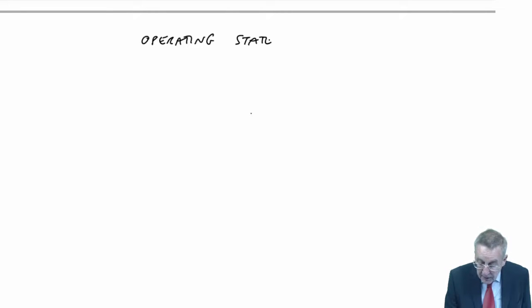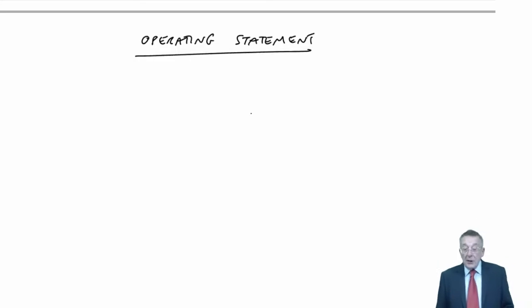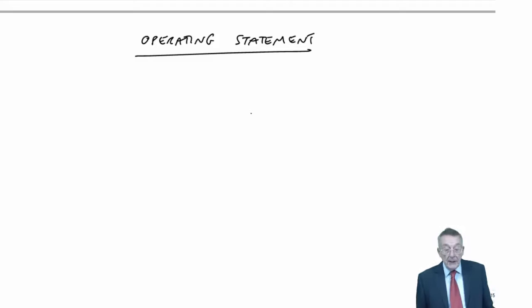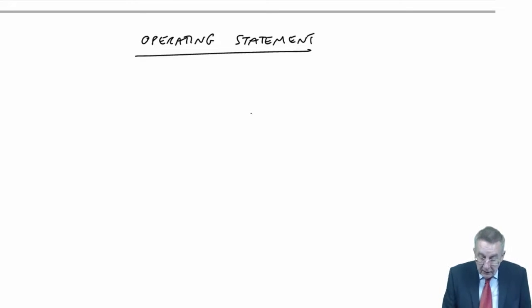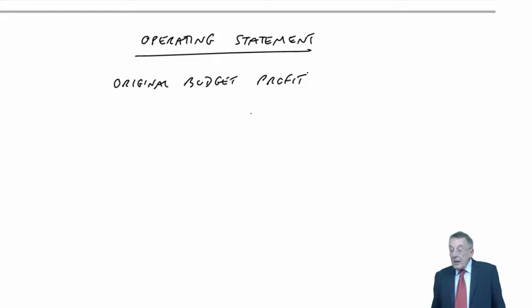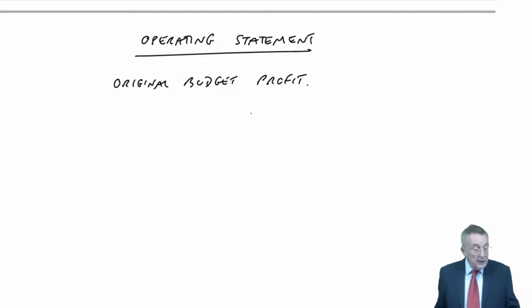Now you can't be asked to prepare a full operating statement, but you are expected to know what it is. They can test if you know what this statement is. And we always start off with the original budget profit. And I'll try and avoid going up and down the screen, otherwise you'll go dizzy.